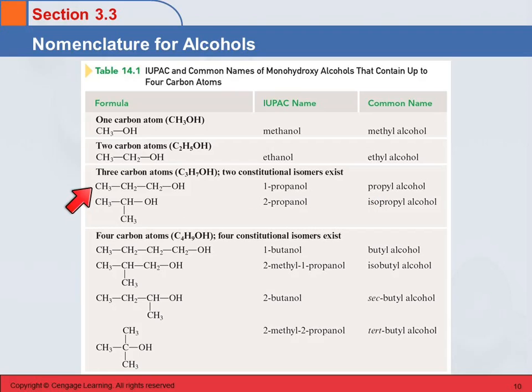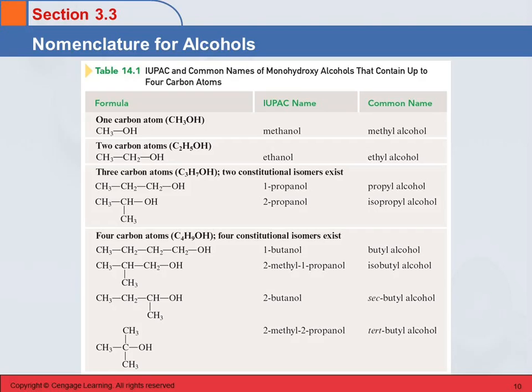This one is 1-propanol. So we've got the OH on the end. Here, the hydroxyl group is attached to the 2nd carbon in the chain. Here's the longest carbon chain. It's 3 carbons. And so it's 2-propanol because we're indicating where the hydroxyl group is. We don't need to do that for ethanol and methanol because there's only one possibility.